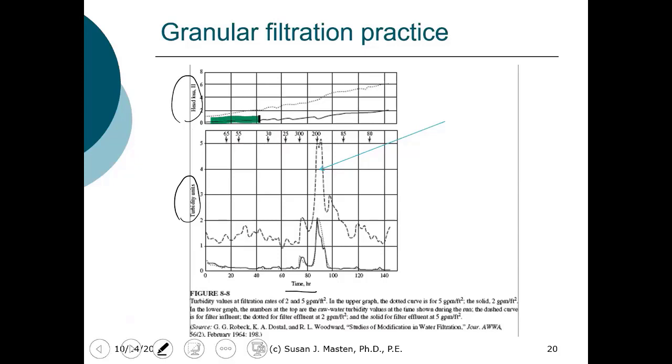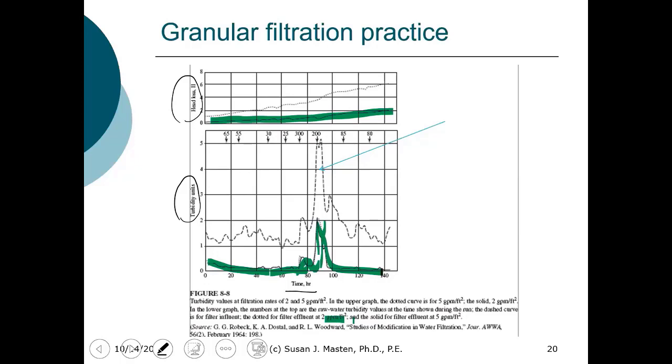This bottom line here is for an approach velocity of 2 gallons per minute per foot squared. So that's foot squared of surface area. Okay. This bottom here corresponds to the turbidity of that same water.